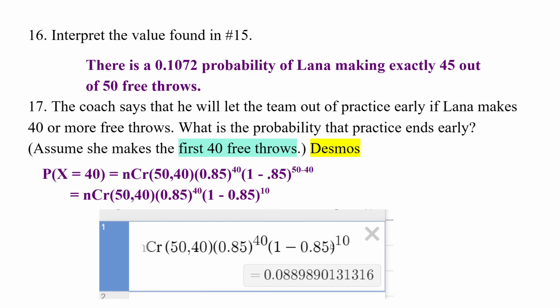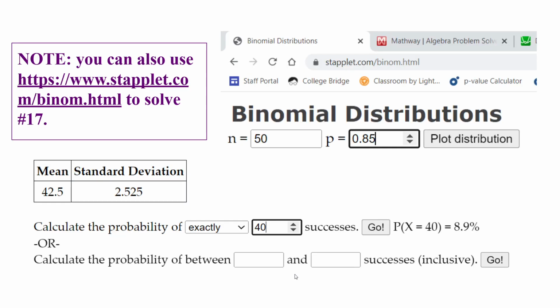And one thing I like about Desmos, if you've already got it in there, the only thing you have to change is that r value and then your exponents up here. Again, it gives us the answer in decimal form, so we have 0.0889. And then if we do it on Statplet, exactly 40, change this, and then it gives us our answer in percent form.